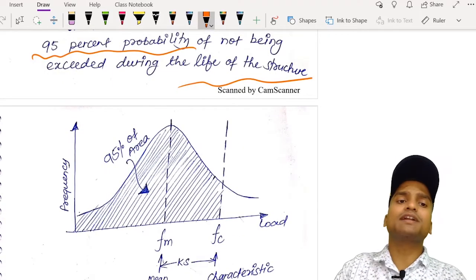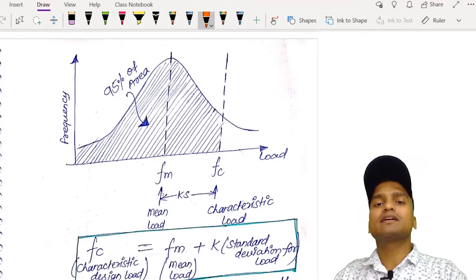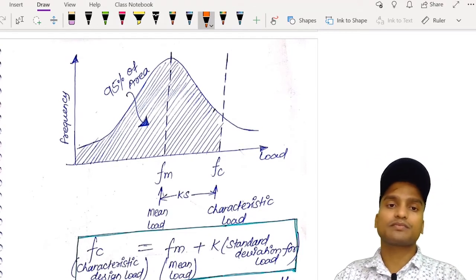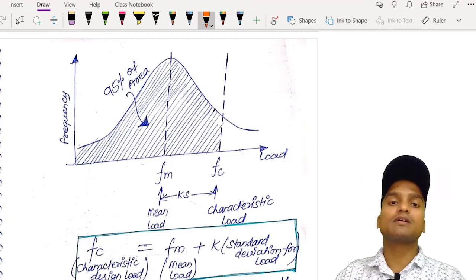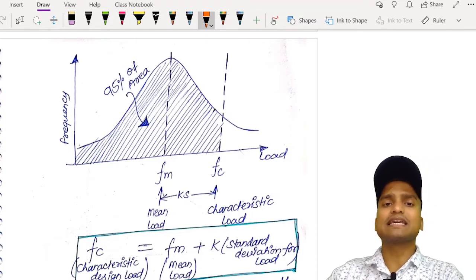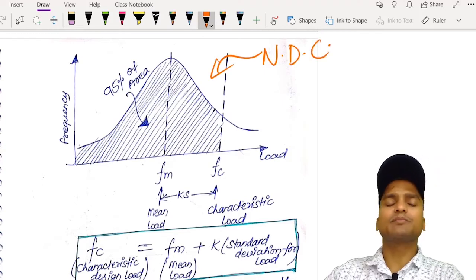So a similar kind of graph we also plot for calculating the characteristic load. If we have a statistical distribution of loads which is going to come on the structure, and we plot it with respect to frequency, then we again get a curve like normal distribution curve as in the previous case.